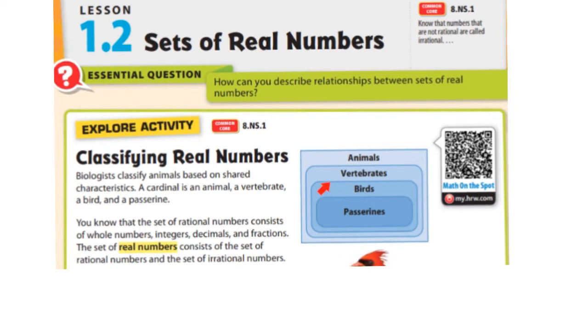Bird is a subset of vertebrate. Vertebrates are subsets of animals. So that's how they're subsets. Okay, so you have to know what real numbers are. Real numbers are the rational numbers and the irrational numbers. And that's on the next page.